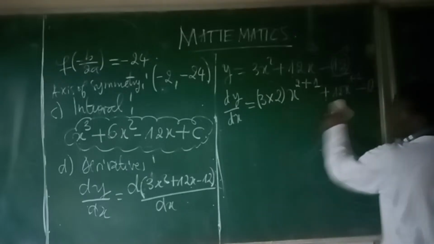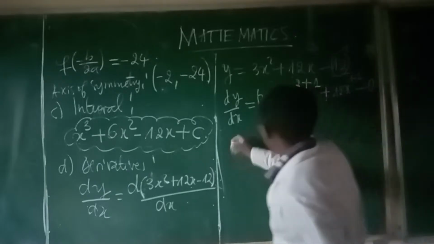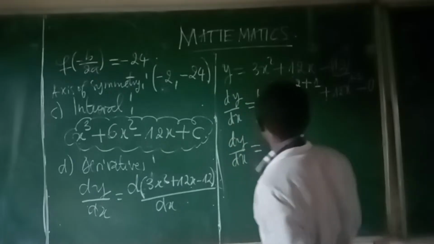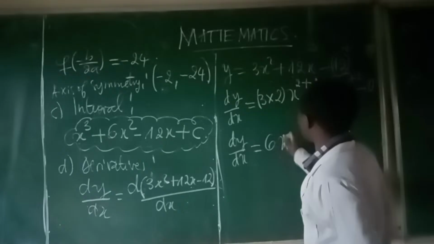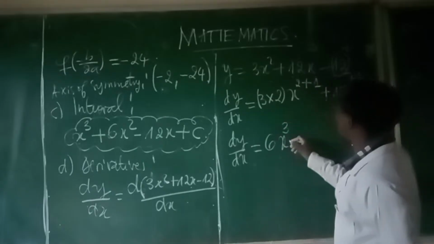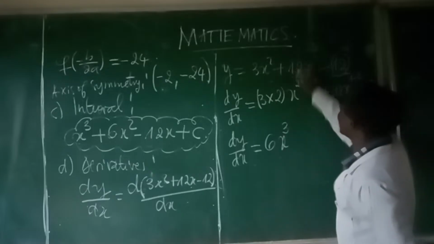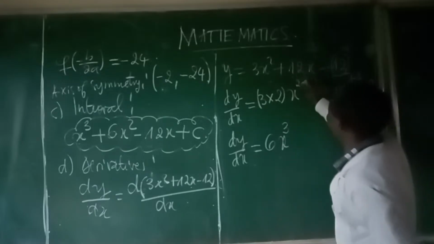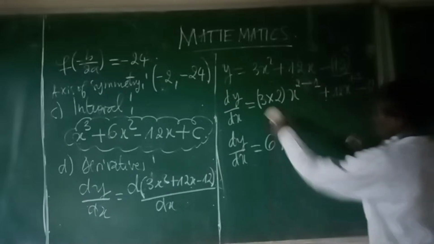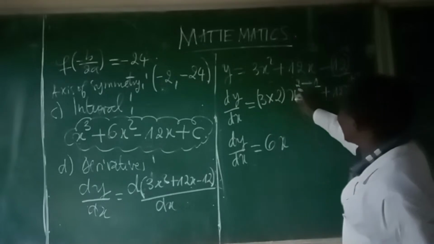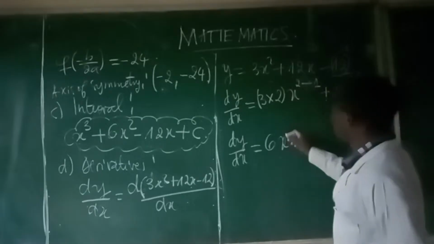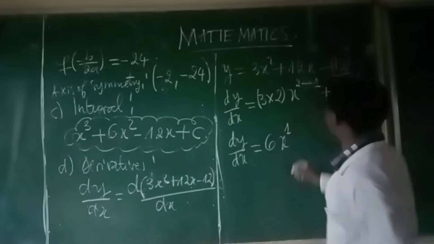So now dy over dx is 6 times x power 3... excuse me, here it is minus because it is a derivative. It is 3 times 2, so 6 times x squared minus, remain with the 1, right?